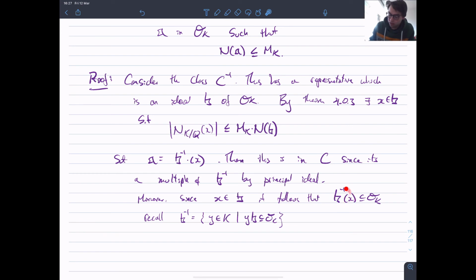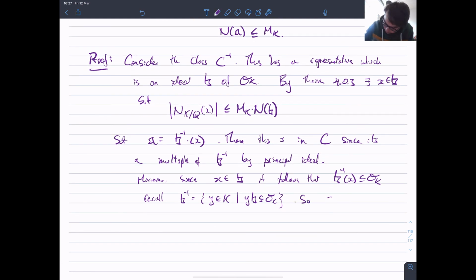So if you take one of these elements and multiply it by x, it still stays inside OK. So this ideal that I just defined is an ideal in OK. It doesn't have to be proper; it could be the whole thing for all we know.